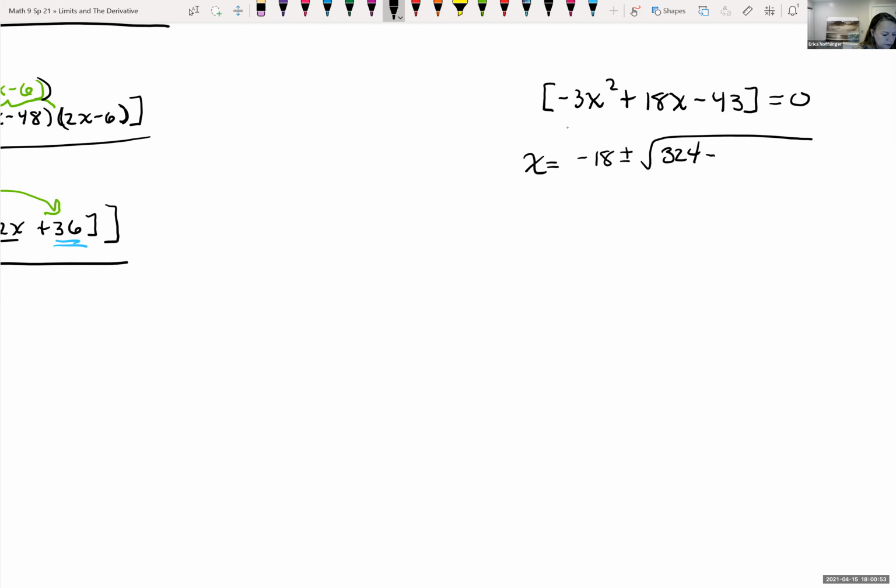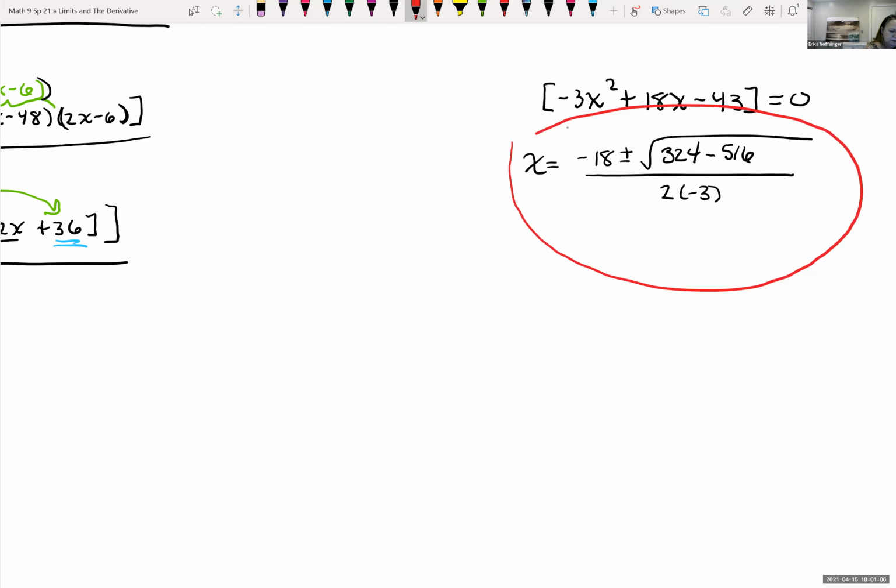We're going to have a problem because that gives me a negative underneath the radical. So there's no real number which is going to set this equal to 0. So no real solution.